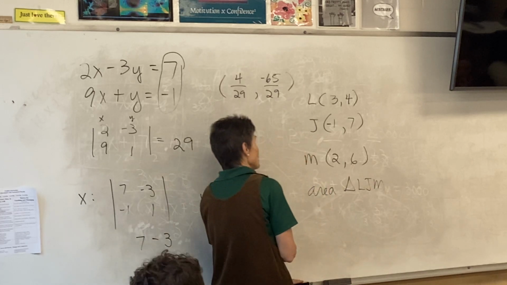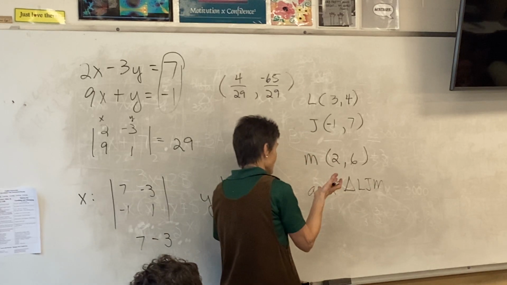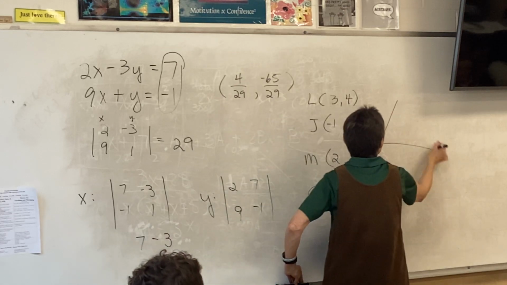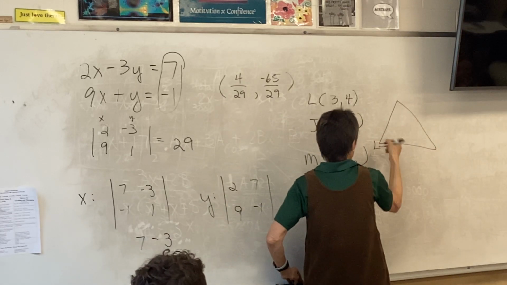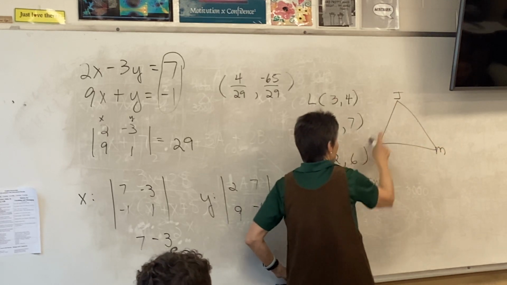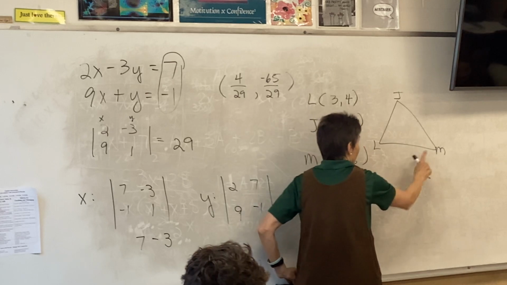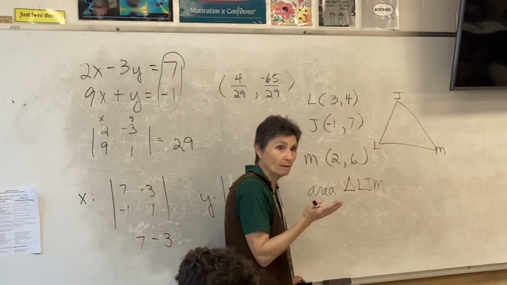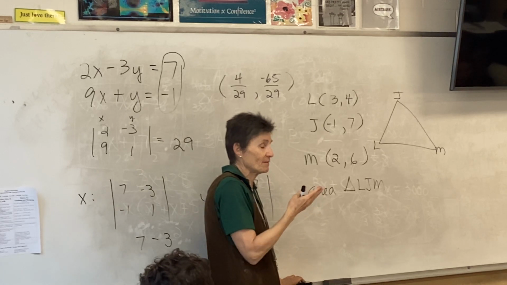So, if I'm going to use determinants, what's the first thing I need to do? Make 2 vectors, and I don't even need to draw the triangle. I'll use L. So my 2 vectors would be LJ and LM. You don't have to start with L, but that's where I start.